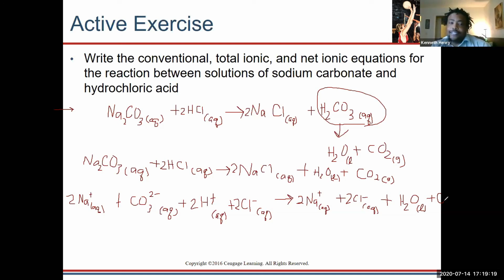What would CO2 be? Is that C negative? It's CO2 gas. You leave it alone, so we leave it as CO2, because it's a gas. Gases, liquids, or solids, we leave alone.